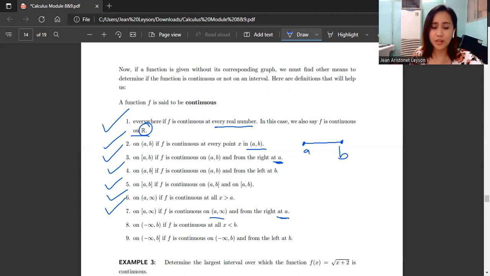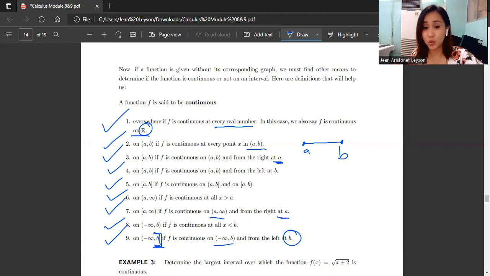So still the same thing as number 6, but for number 7, a is included. Number 8, on (negative infinity, b), if the function is continuous at all x lesser than b. Number 9, on (negative infinity, b], if the function is continuous on (negative infinity, b) and from the left at b. The only difference between number 8 and 9 is that for number 9, we have a closed interval, meaning b is included.